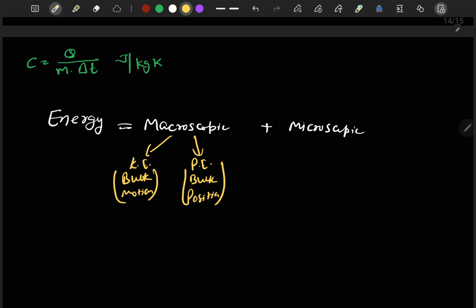Okay, so this kind of energy is called microscopic energy, and microscopic energy is also termed as internal energy. Now there are various forms. First one is sensible energy. Second is latent. The third one is chemical.